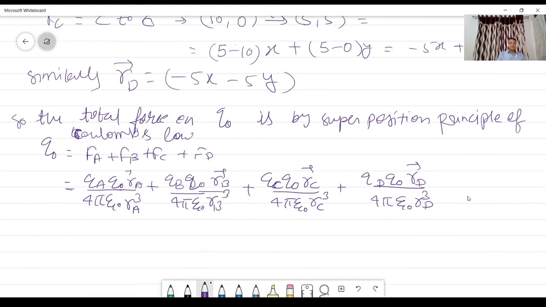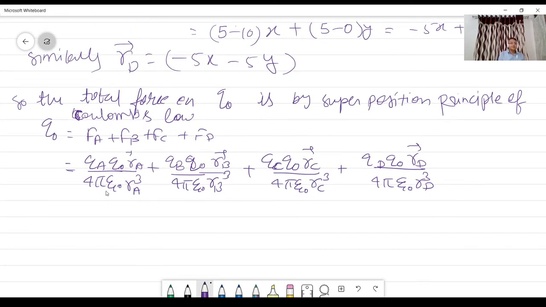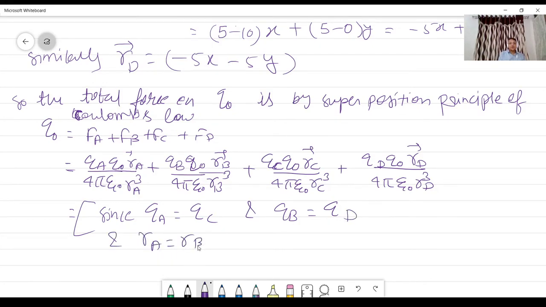So we have these formulas, but a very important point here is that QA equals QC and QB equals QD, and RA equals RB equals RC equals RD, which is equal to 5 root 2.